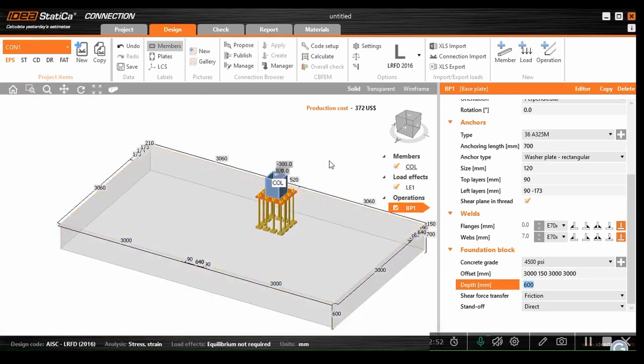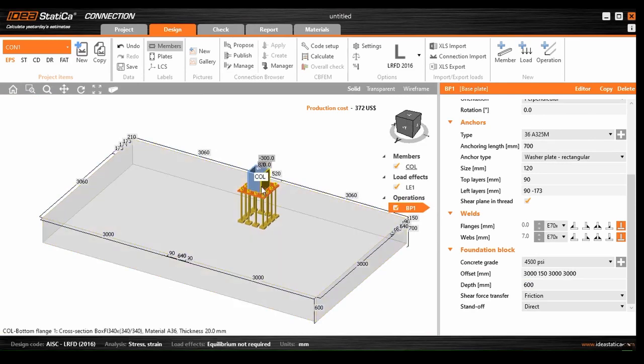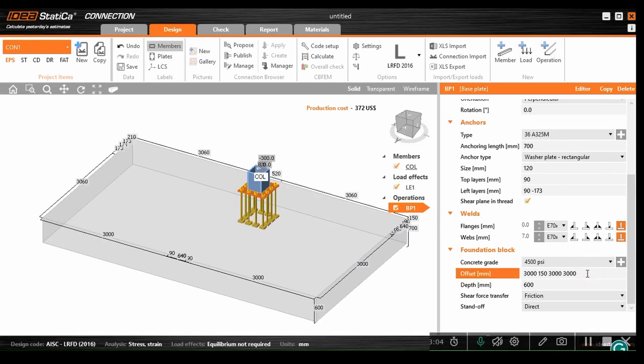So okay, you can see the foundation is changed to what we described here. In the next part, we can assign the depth of the concrete block.